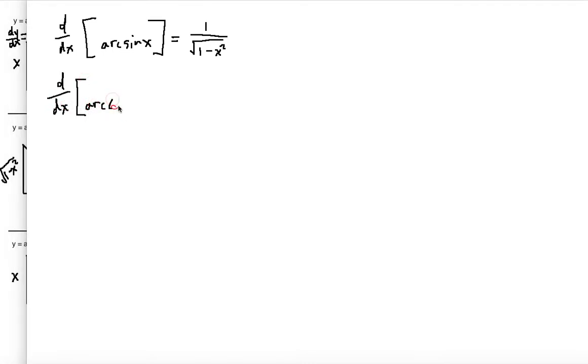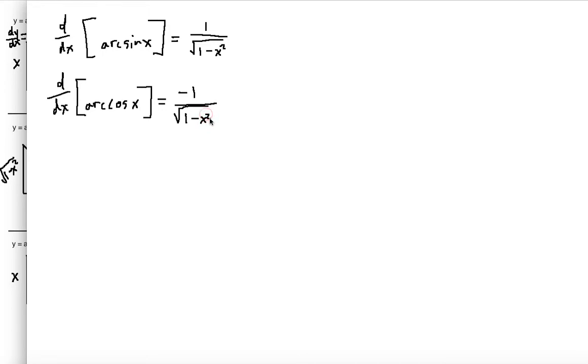When you take the derivative of an arc sine of x, you will get out 1 over the square root of 1 minus x squared. When you take the derivative of an arc cosine of x, you'll get out the same thing, but it will be negative.